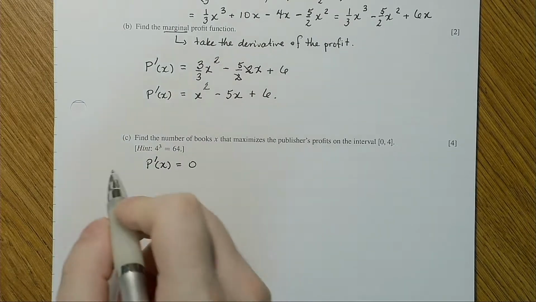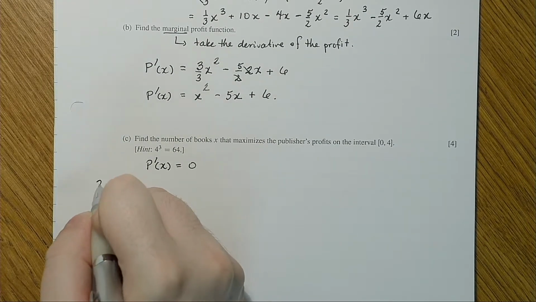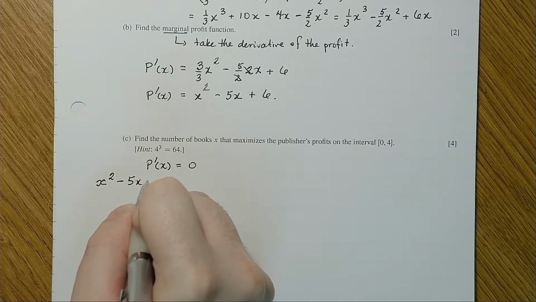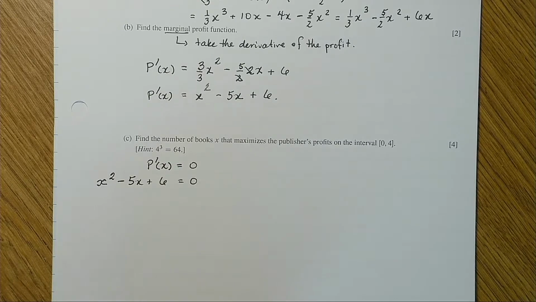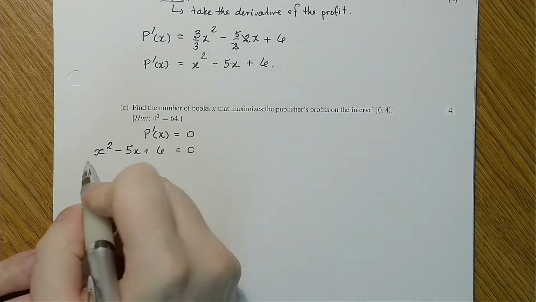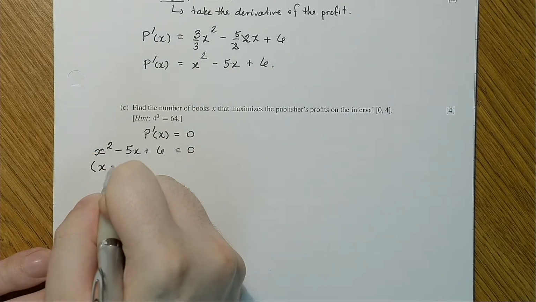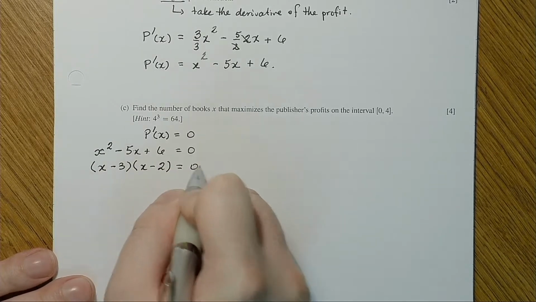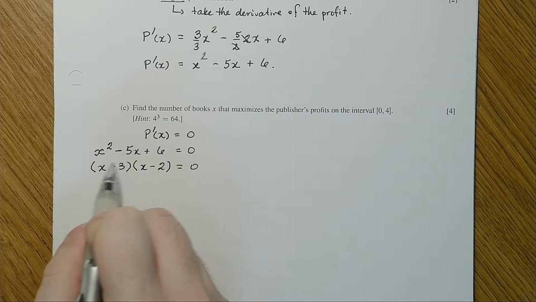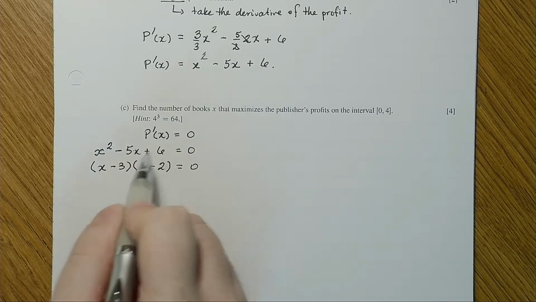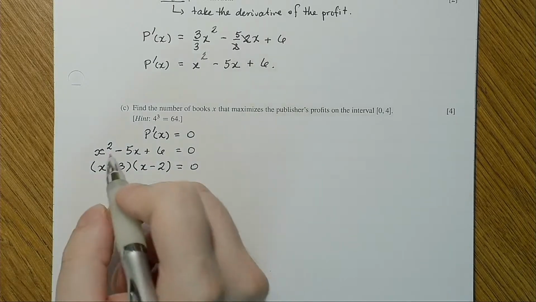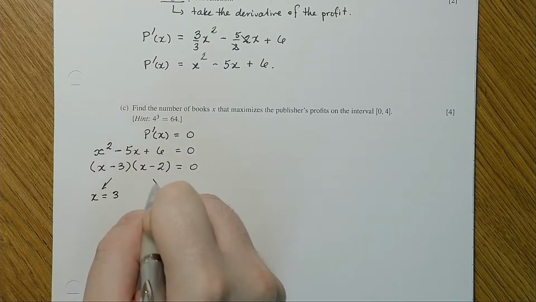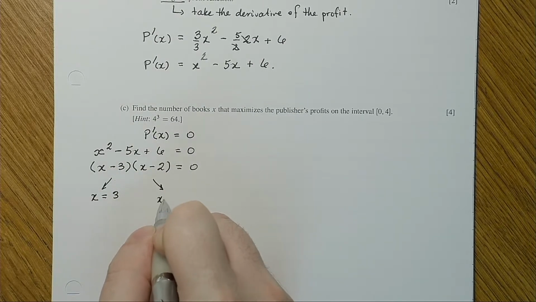So doing that, I get x squared minus 5x plus 6 is equal to 0. And factoring that, I get x minus 3 and x minus 2. And if you want to check that, you can always just expand that out and you get back to the original function. So with that, my critical values are x is equal to 3 and x is equal to 2.